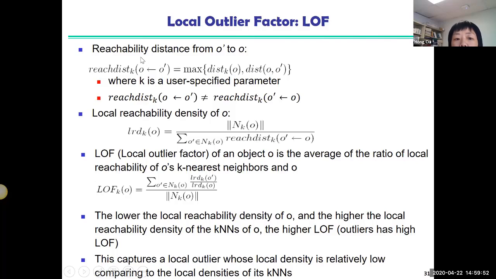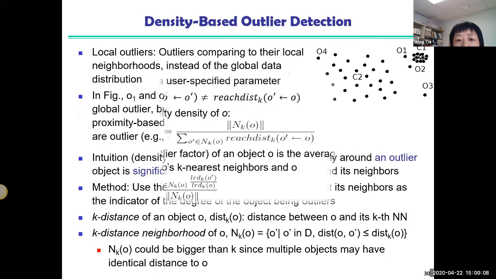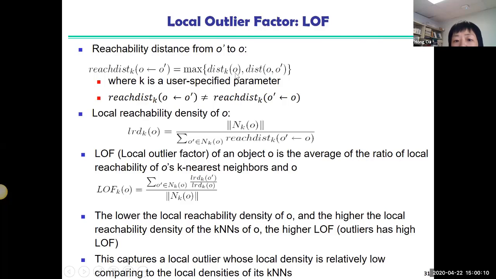So the reachability distance from O prime to O is either the K-distance of O or the distance of O to its neighbor, whichever is greater. Again, this reachability distance is asymmetrical.